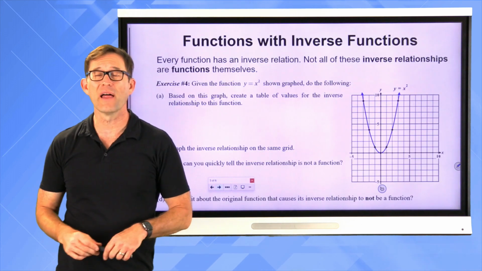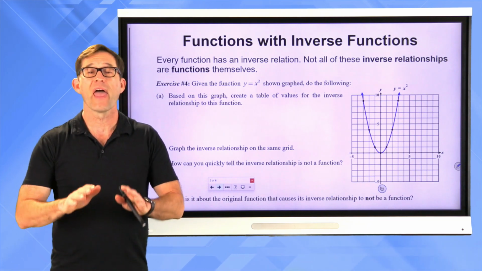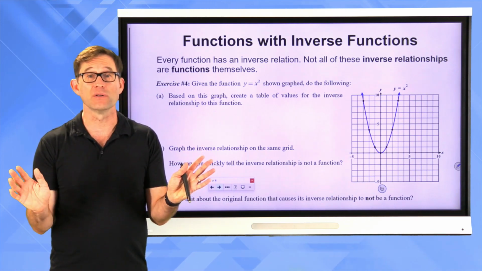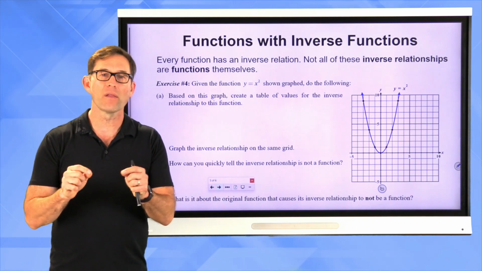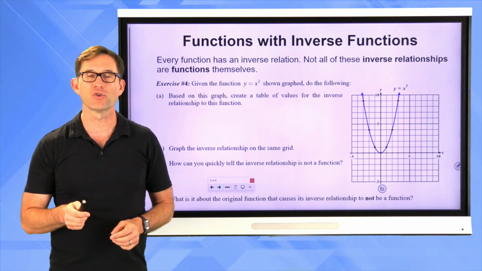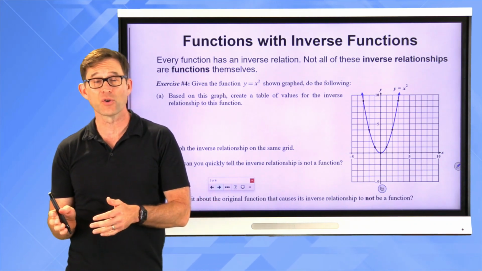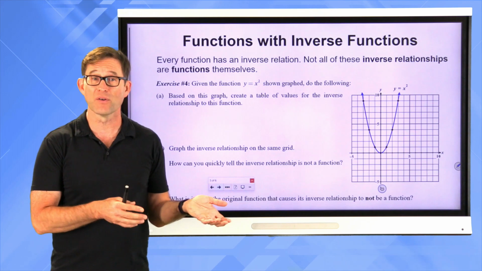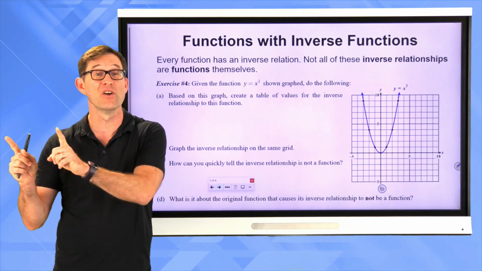All right, let's take a look at one last one. Functions with inverse functions. Every function has an inverse relationship. Everyone does. But not all of these inverse relationships are functions themselves. All right, now in the last problem, with that linear function, its inverse was also a function, which is why we could use inverse function notation.